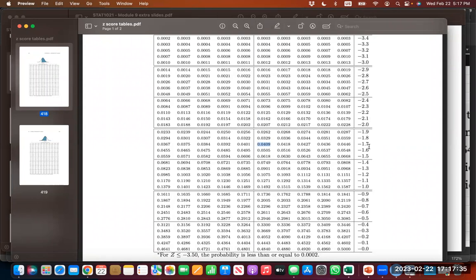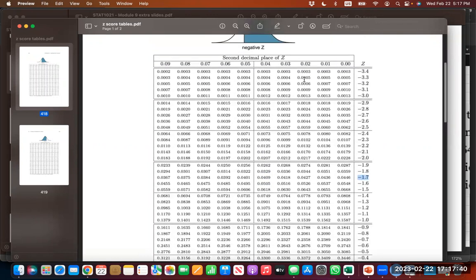So 1.74 is here, minus 1.7. And if I want to know the second decimal place, then I go to the column, and go all the way down until I'm at 1.74. So this is 0.041. Make sense?